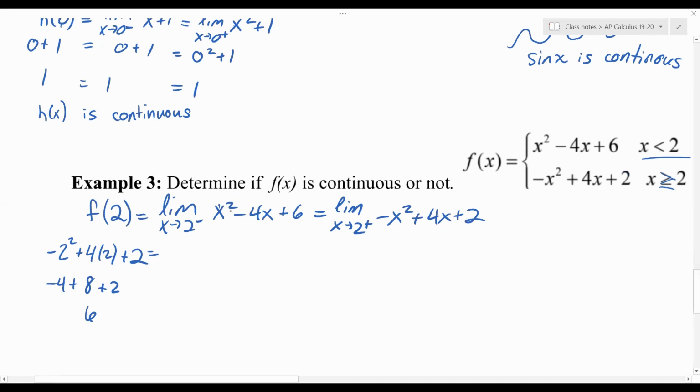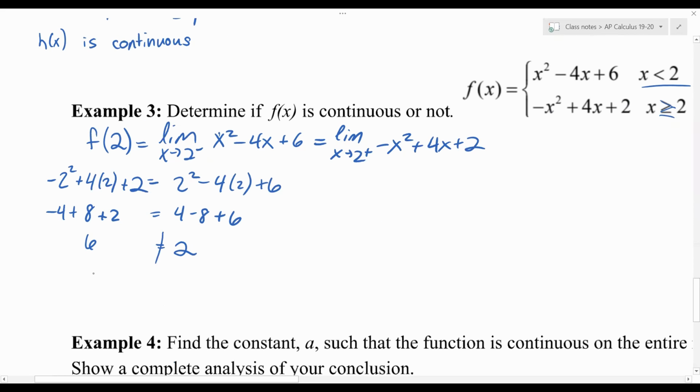Well, if we plug in 2 here, 2 squared minus 4 times 2 plus 6. Well, that will be 4 minus 8 plus 6. That is 2. These are not equal.